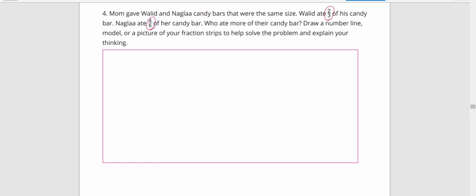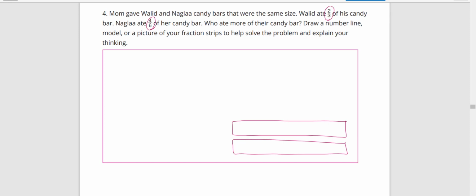Walid and Nagla have the same candy bar, the same size of candy bar. So we can represent the candy bar by fraction strips. The candy bar of Walid is divided into thirds, and Nagla's candy bar is divided into sixths.